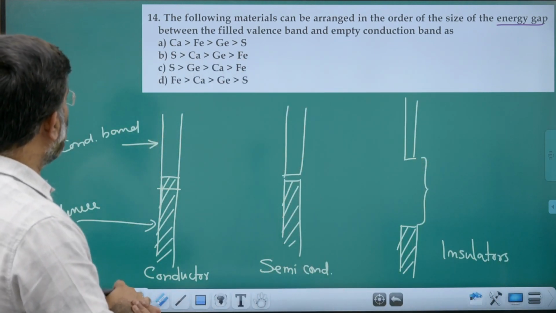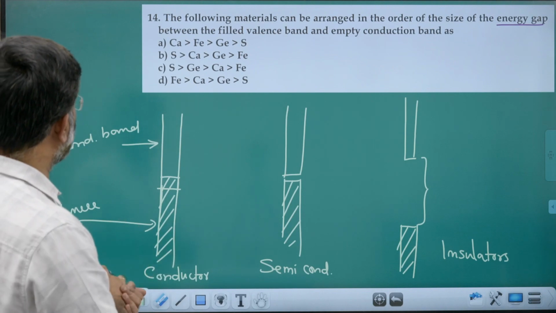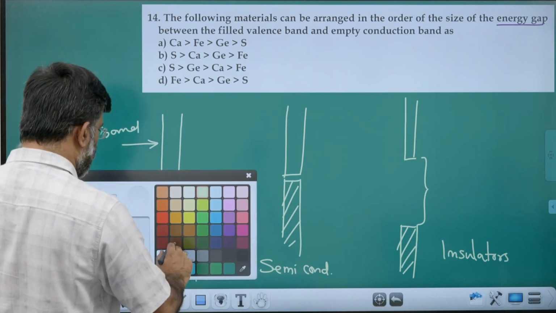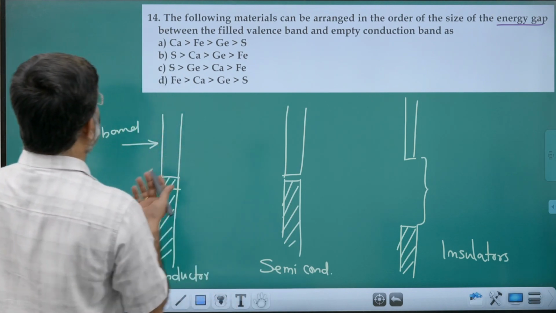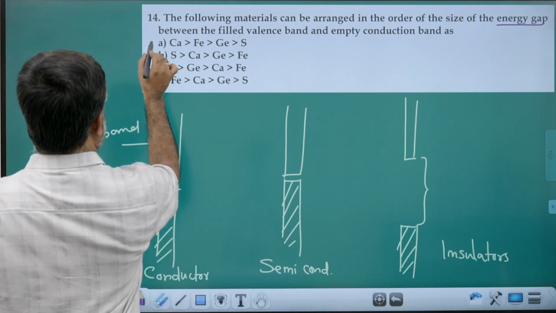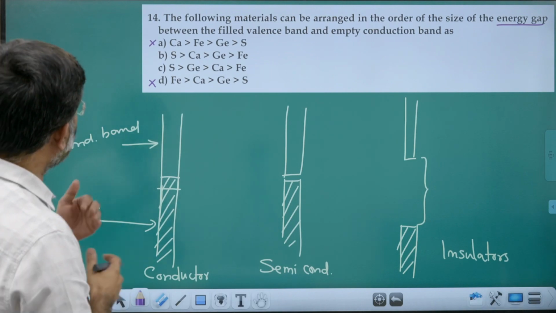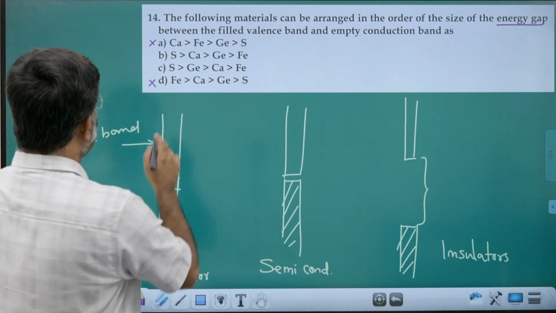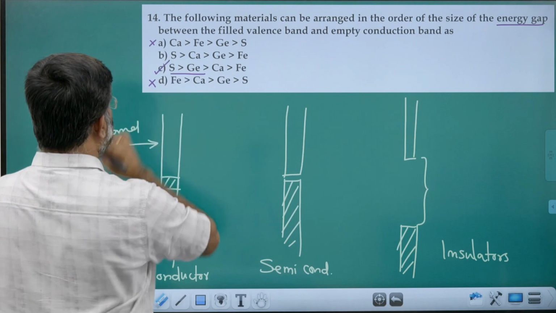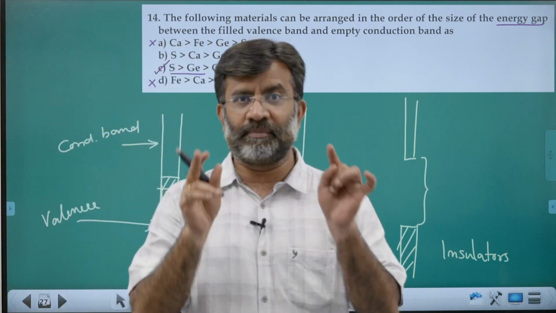So here an insulator means a non-metal. So definitely sulfur is maximum. Therefore A and D out. Now after sulfur, it will be germanium.